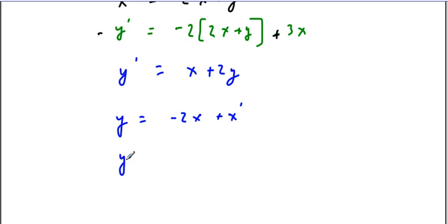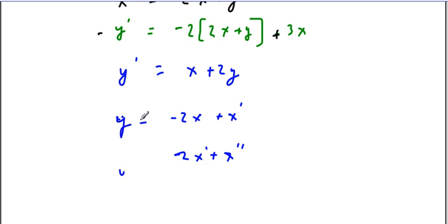And so y prime is going to be minus 2x plus x double prime, x prime... too many primes.